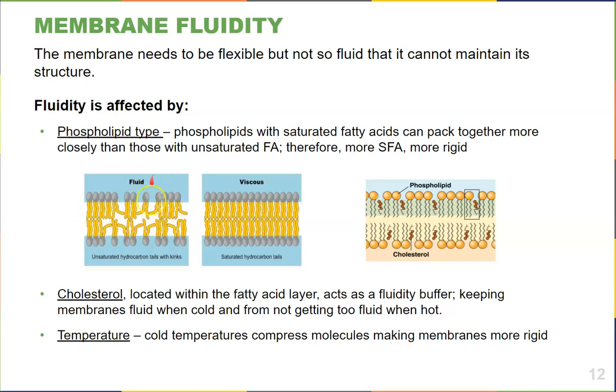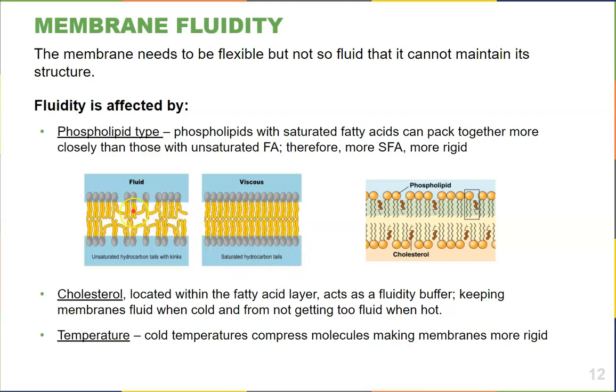Remember, we have saturated fatty acids, which are straight, and then unsaturated fatty acids, which are bent. A membrane made up of mostly saturated fatty acids is going to be viscous, and so it's going to be more rigid, and it's not going to move a lot. There's not a lot of things that can enter and exit. It's not healthy for the cell to have a lot of saturated fatty acids.